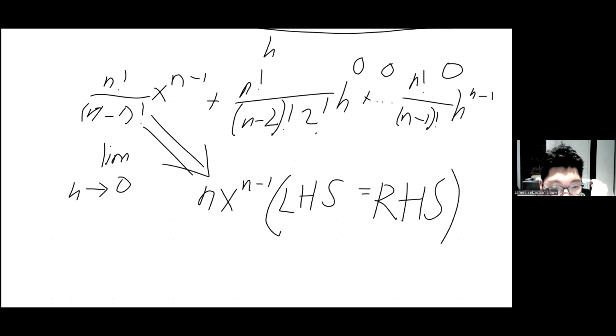Right. Moving on. I'll now discuss some slightly more advanced rules. Previously we have discussed how to do constant multiples. Like if you have 3x squared, then this is just 3 times the differentiation of x squared.